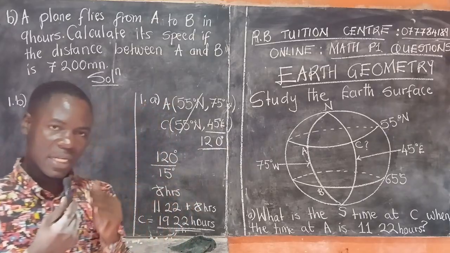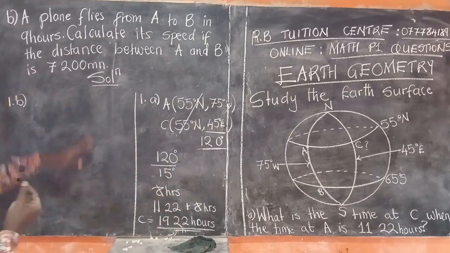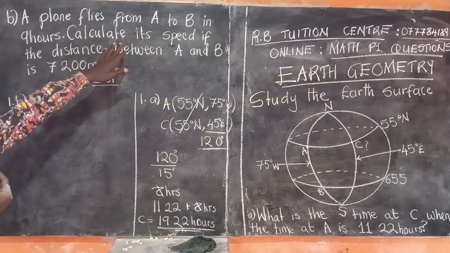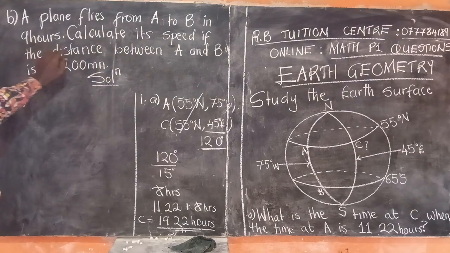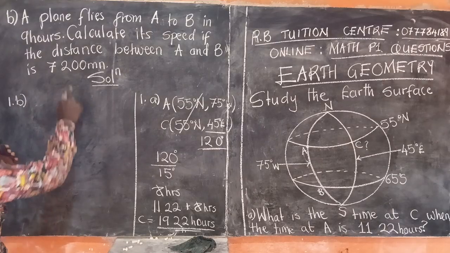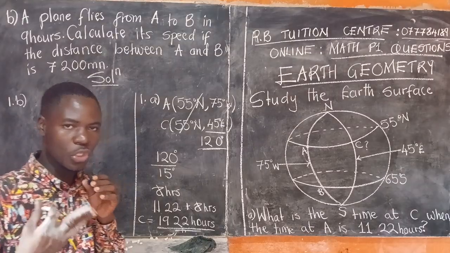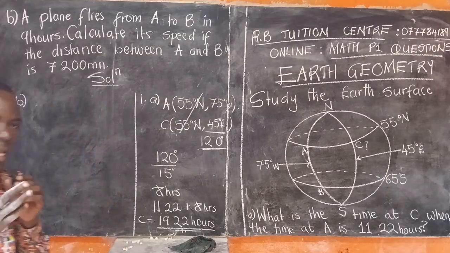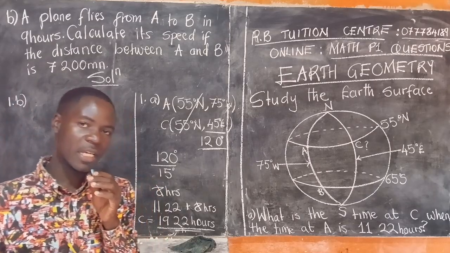Now, let's understand question 2, which is provided 2 marks. They say a plane flies from A to B in 9 hours. Calculate the speed if the distance between A and B is given in nautical miles. Remember, the distance can be given in kilometers or nautical miles, time must be calculated in hours, and speed must be calculated in knots.